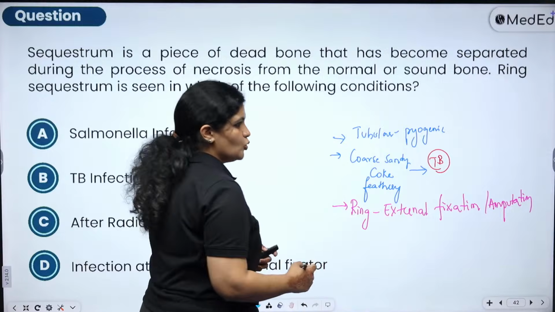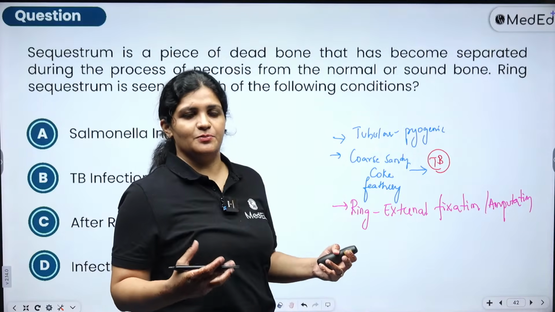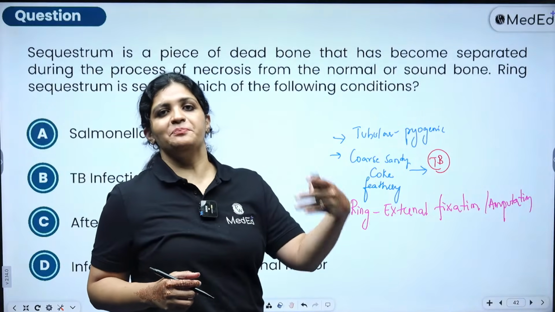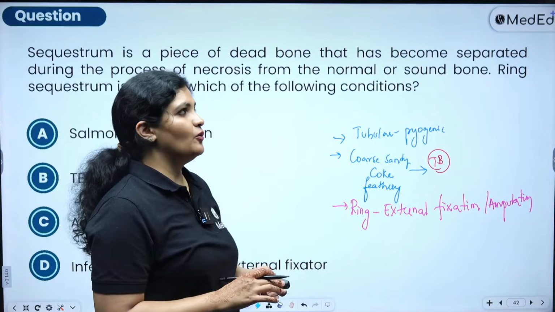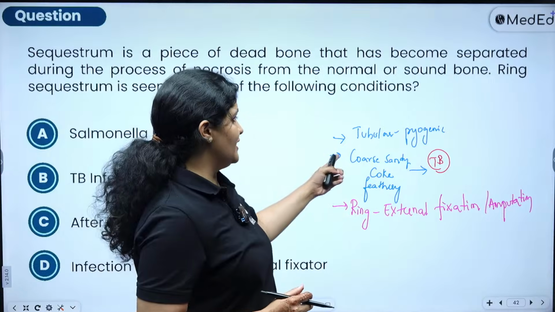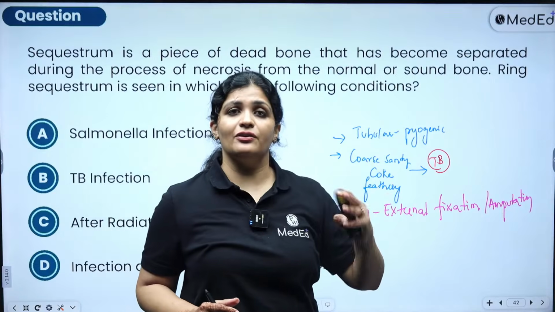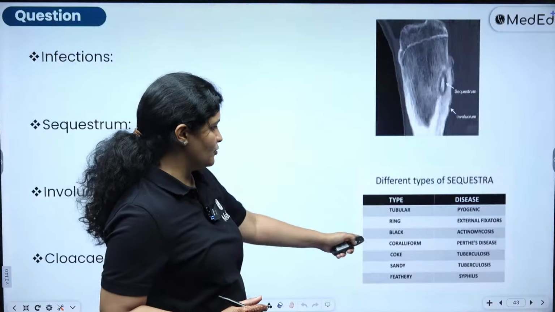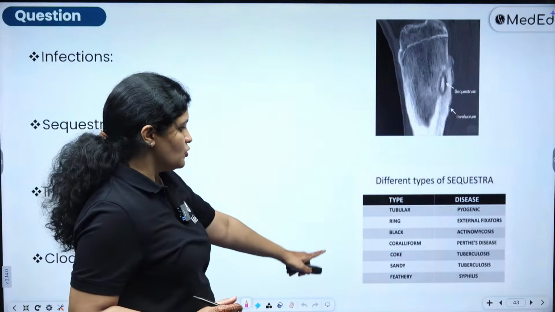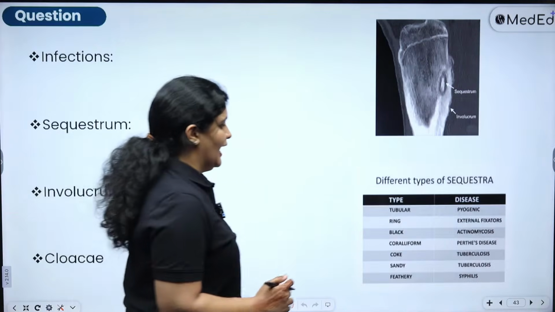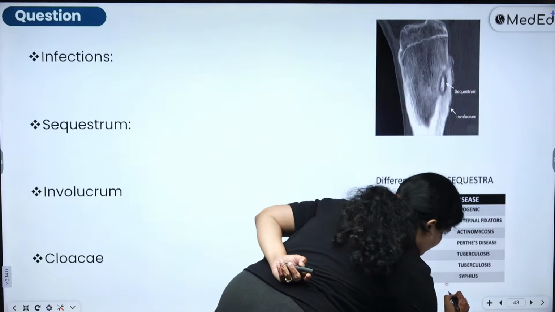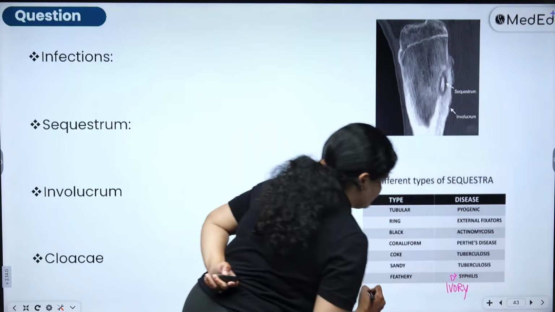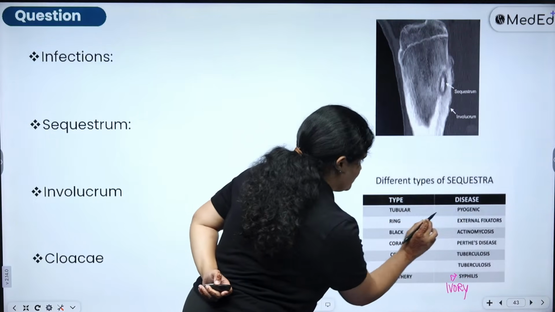And when it comes to coke or black color sequestrum, it is seen in actinomycosis, right? Coralliform sequestrum is seen in Perthes disease. Okay, and then you have your fine sandy. Coarse sandy is TB. Fine sandy you see in viral osteomyelitis, right? So these are types of sequestrum, and I've given you the table form here. Ivory sequestrum is seen in syphilis, and black is actinomycosis.